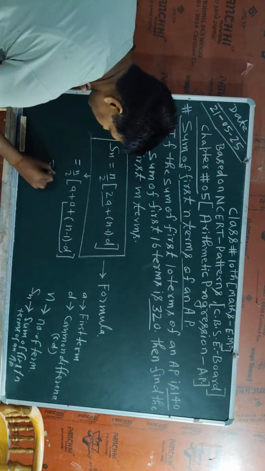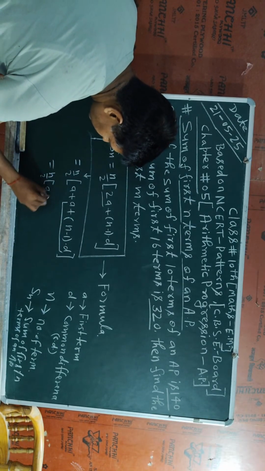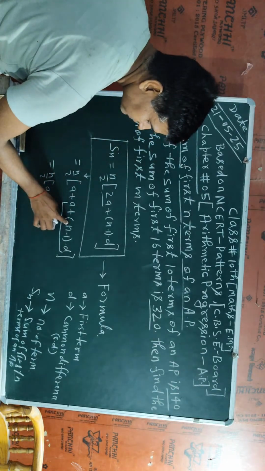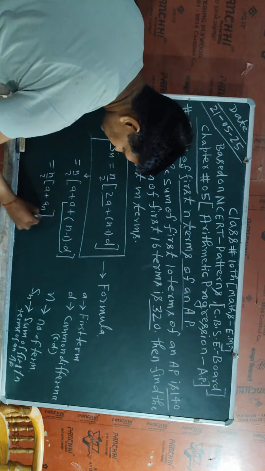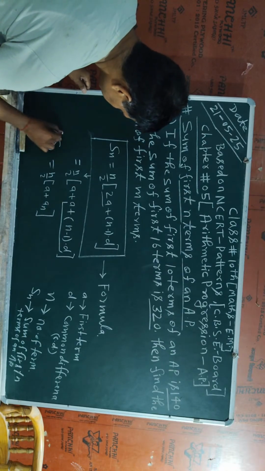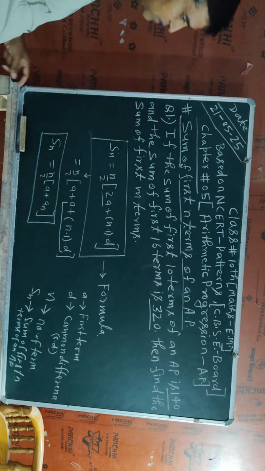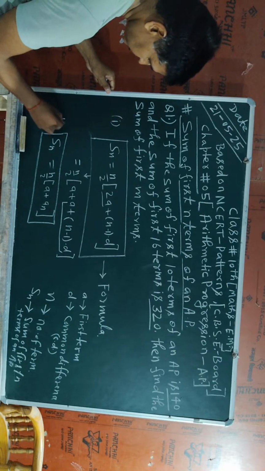So this will be Sn. If the first term and last term are given, I will use this formula. I will say this is formula number 1 and this is formula number 2.